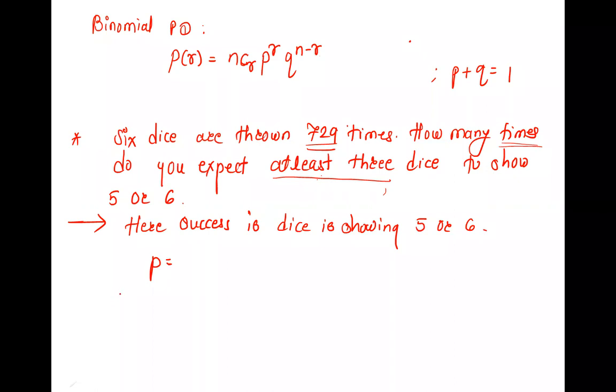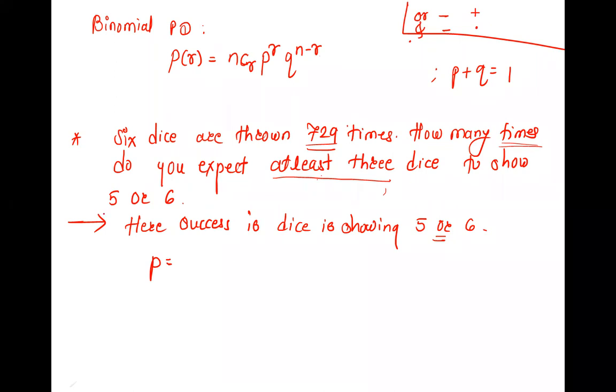So what will be p? There is an or, and whenever there is or, yesterday I told you, if it is or, probabilities are getting added, and if there is and, probabilities are getting multiplied. Remember that.